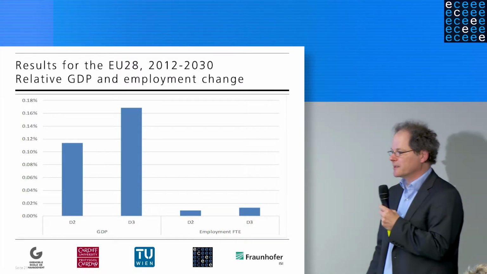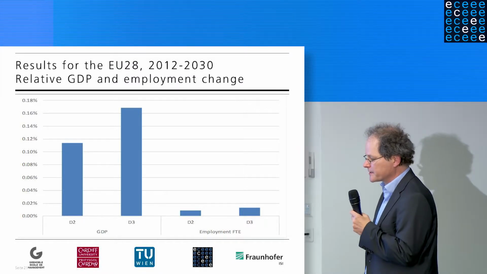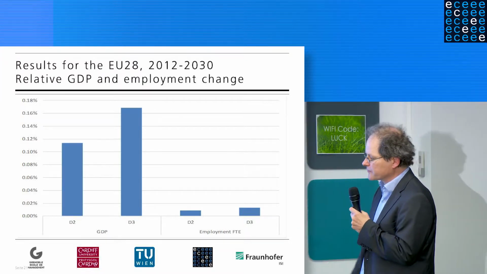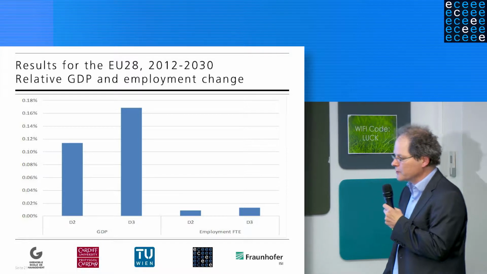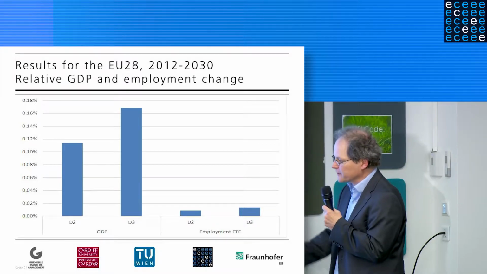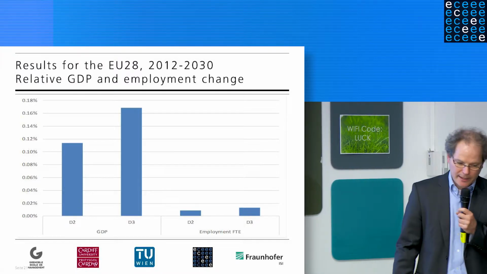Again, we are looking here only at differences of the two last scenarios, the increased efficiency scenario, D2, in the slide here, and the actor-specific scenario, the D3 scenario here.